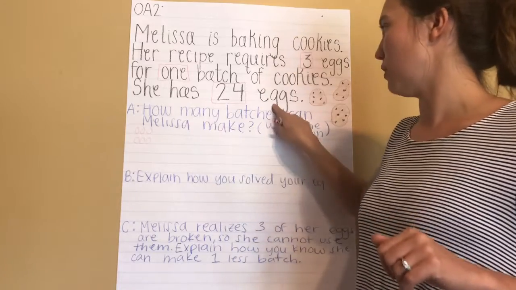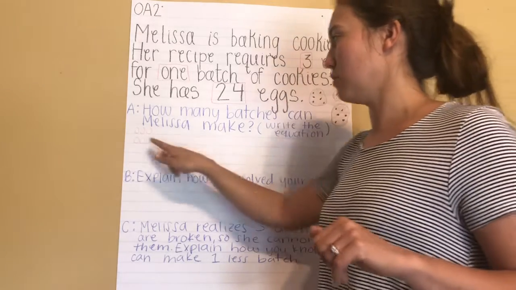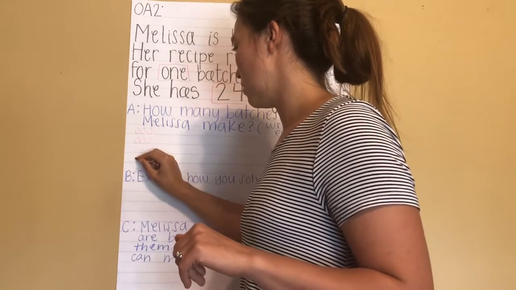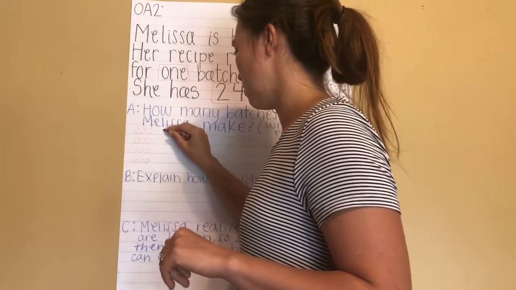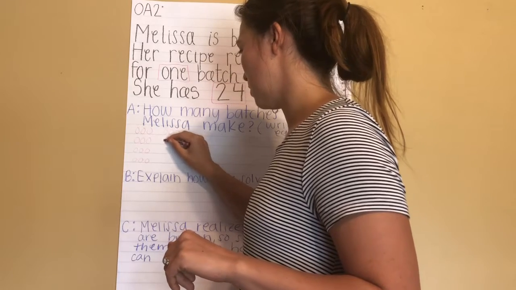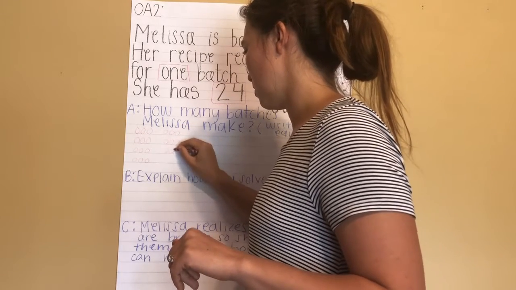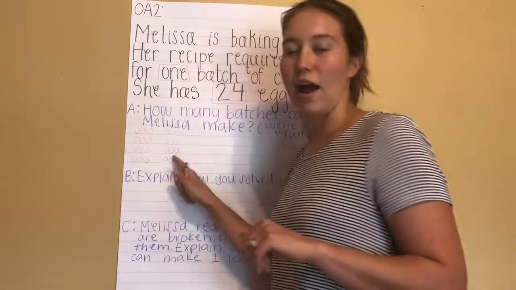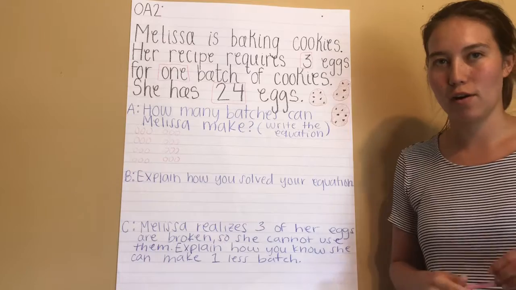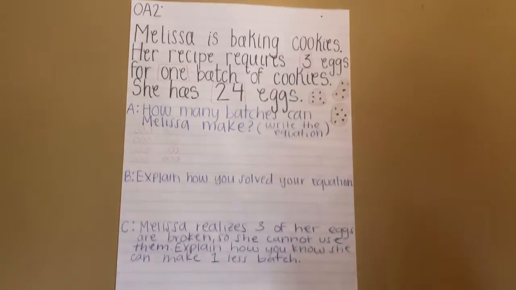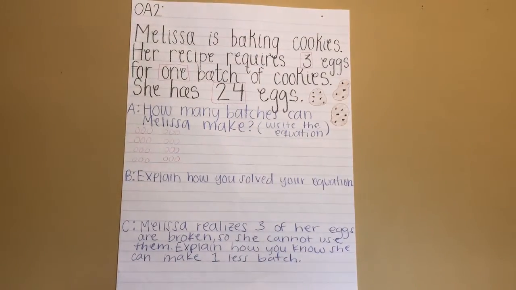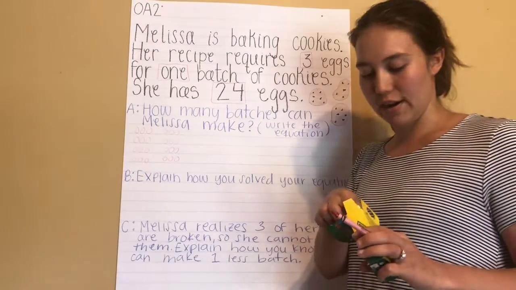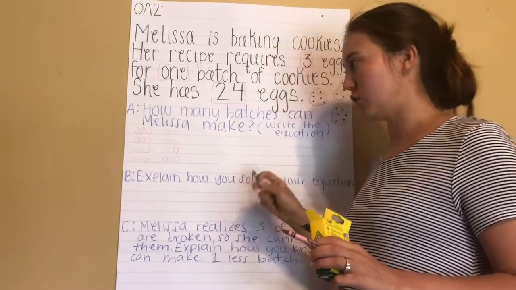So I'm drawing my 24 eggs in groups of 3. I have 24 eggs. I'm going to circle my 24 eggs into those groups of 3 that I tried to draw them in.